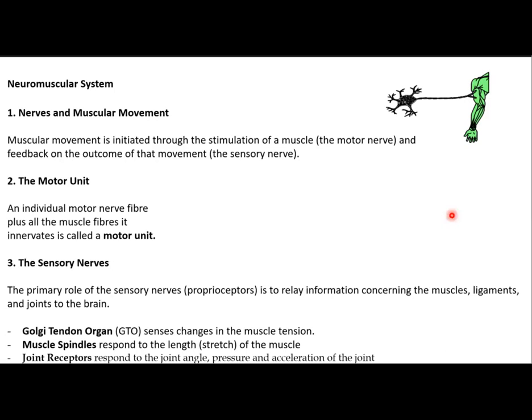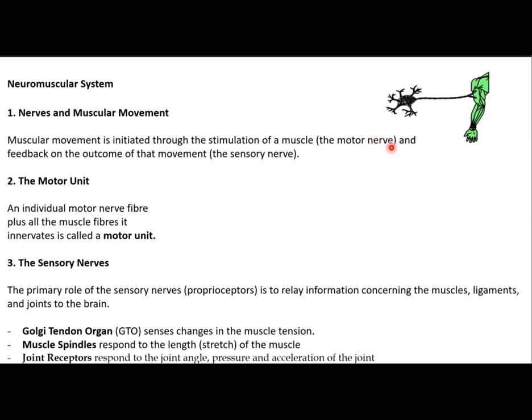Okay, so again, we have muscles, we know how they work, and now we need to see how everything is connected to our brain, okay? When it comes to nerves and muscular movements, and I think this is exactly the same in your book, it says a muscular movement is initiated through the stimulation of a muscle, and on a muscle there is something called a motor nerve attached, okay?